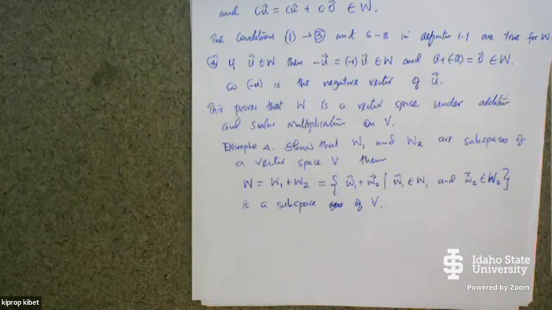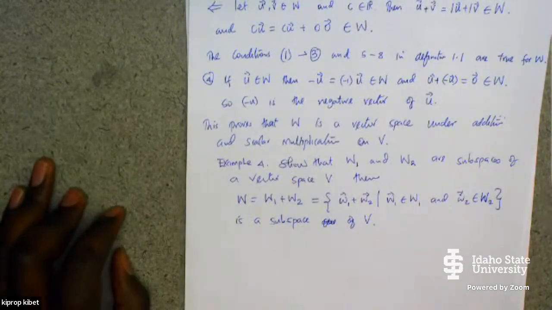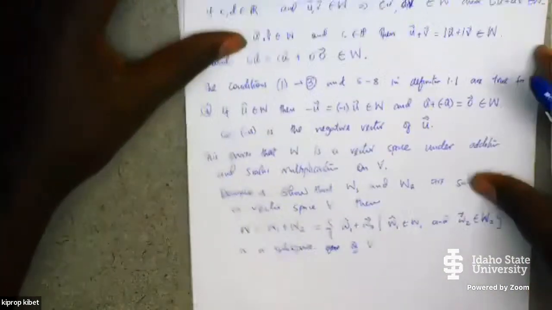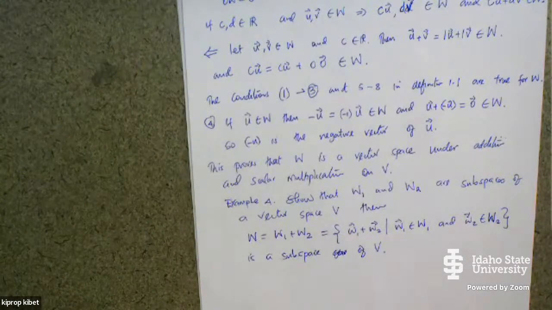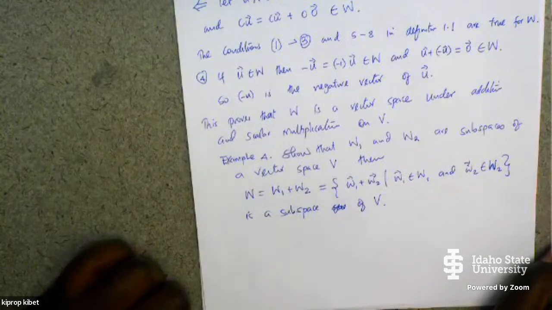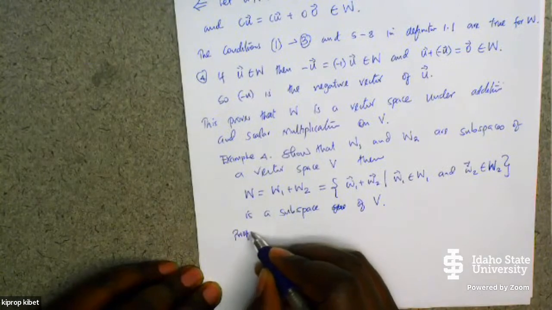For the subspace test, it is just the zero vector and also that CU plus DV are elements of that. So let me give you a sketch. The proof is just a sketch.